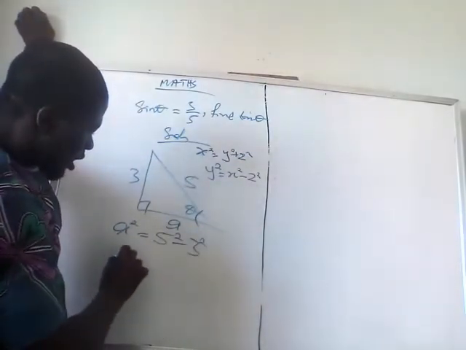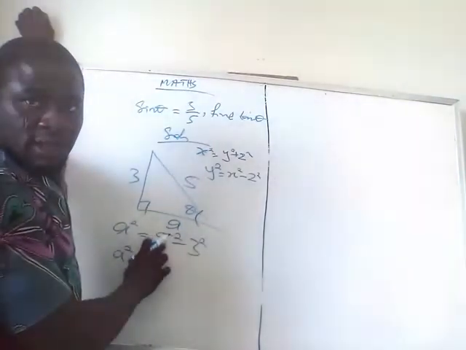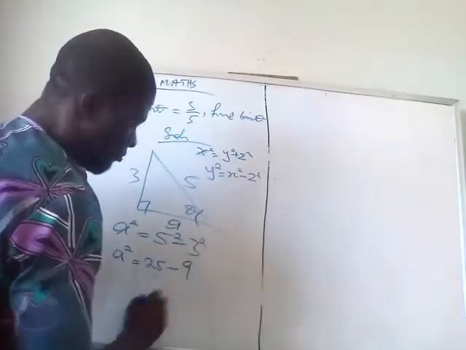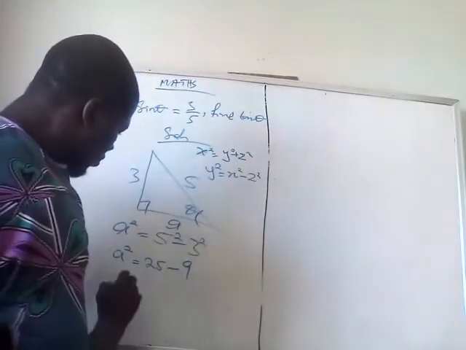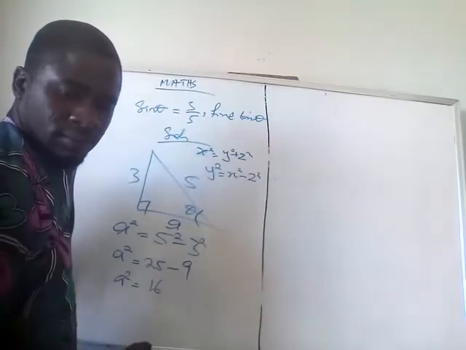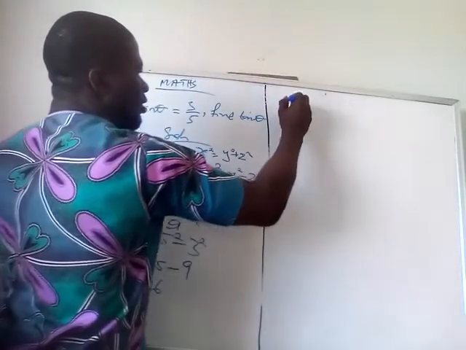We have A square equal to 25, that's 5 times 5, minus 9. So A square equal to 16. So we go to this side.